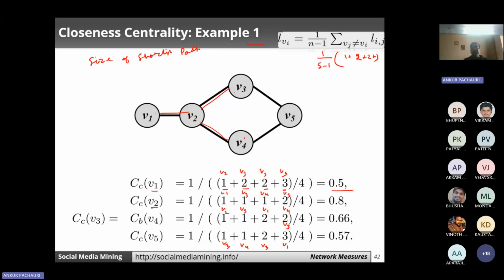So this is how we can find out the betweenness centrality for each node. Based on that, whoever has the highest one will be considered as the weakest point. So that means v2 will be the weakest point in the graph, having the highest betweenness centrality.